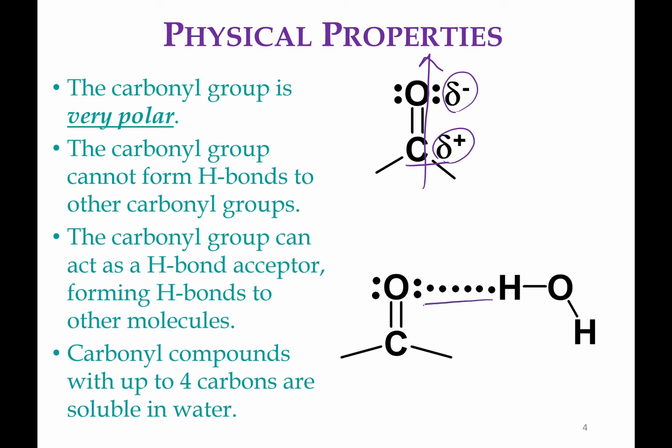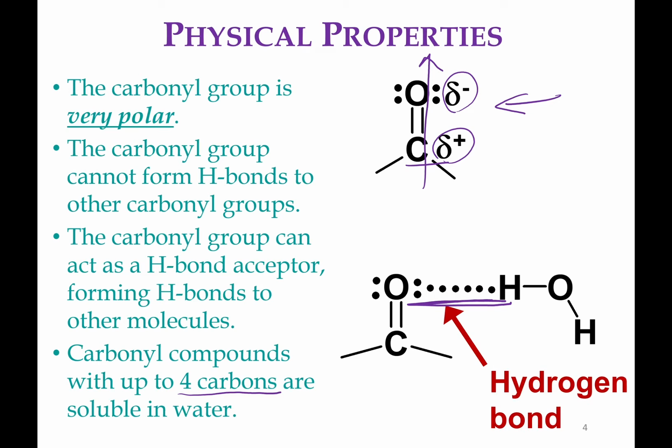So this would be a hydrogen bond that it's accepting from water. It doesn't have a hydrogen bonded to the oxygen by itself, so it can't hydrogen bond with itself, but it can accept those hydrogen bonds from water. And when it does that, it becomes more soluble. So carbonyl compounds with up to 4 carbons are pretty soluble in water, and then we start to see the solubility drastically decline up to 5 and 6 carbons.